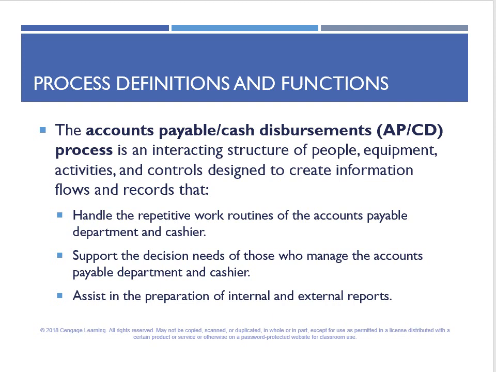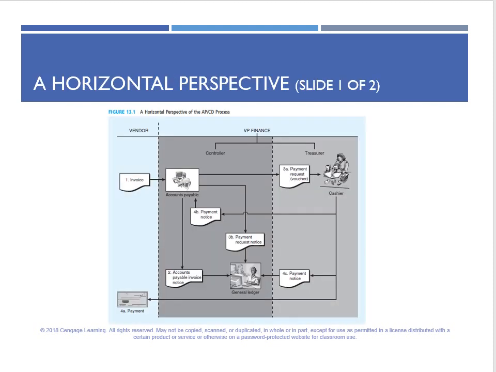The actual accounts payable processes of verification of the invoice and payment, or cash disbursement, are pretty much the same regardless of the source of where we bought things from or what it is that we are buying. So we can look at the invoice coming from the vendor, and it is processed by accounts payable.